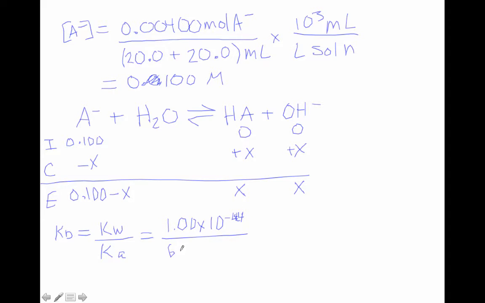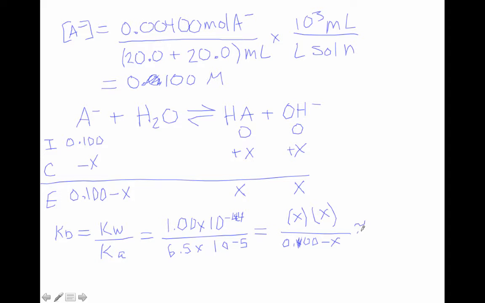We have 6.5 times 10^-5 for the Ka of benzoic acid, and that is the Kb for benzoate, and it's equal to X for the benzoic acid, X for the hydroxide, and 0.100 minus X for the benzoate.